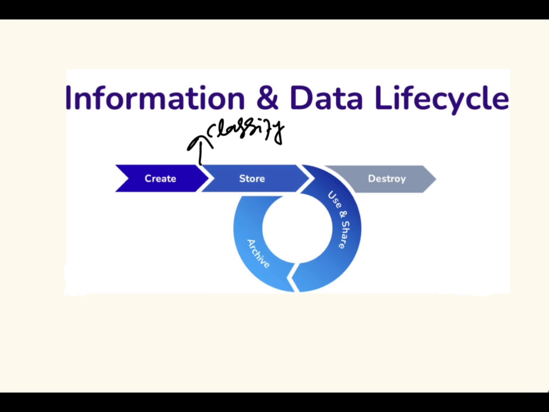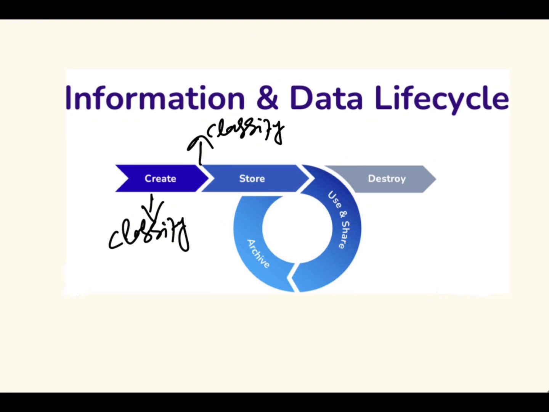That could be one additional step in an image or any diagram when you search for this topic. But it could also be that in the first phase, create, the classification is covered under it. Why am I emphasizing classifying data? Because that is a very important thing.